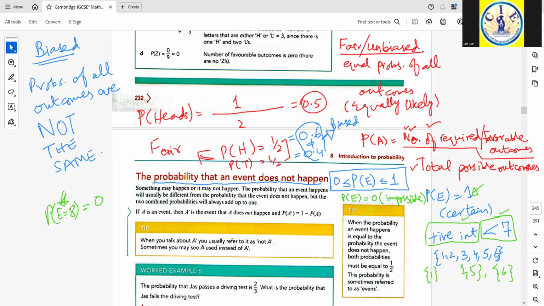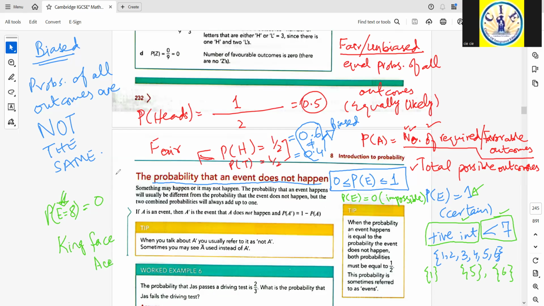Similarly, when you toss a coin, what is the probability of getting a king face, or, for example, an ace from the cards?